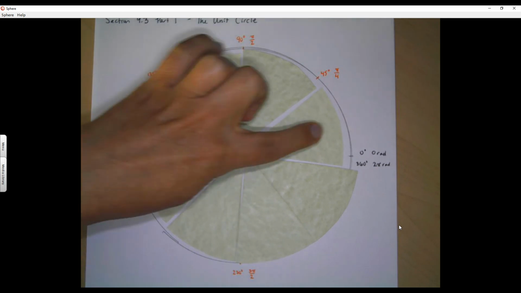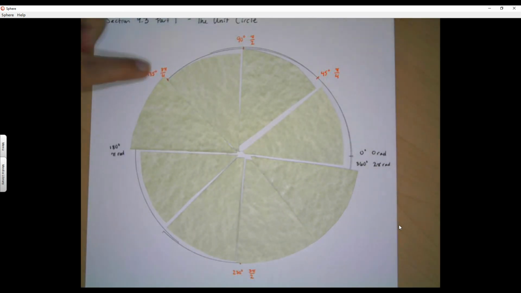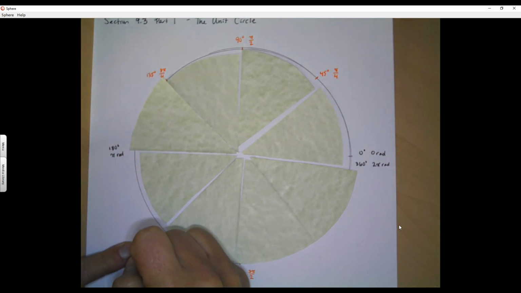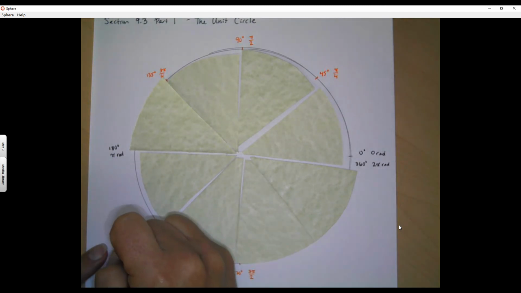So 1 pi over 4, 2 pi over 4 is pi over 2, 3 pi over 4, 4 pi over 4. So this spot right here is going to be 5 pi over 4, if we're measuring in radians. Or 180 plus another 45 is going to take us to 225 degrees.